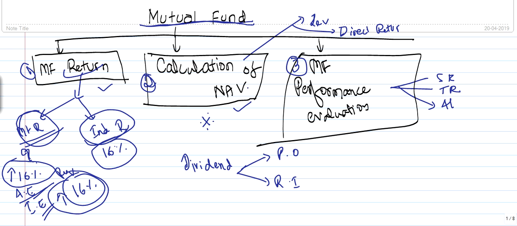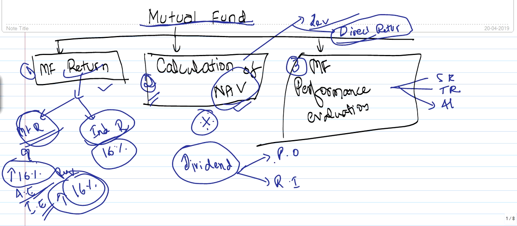In case of calculation of NAV, concept number 2 in mutual fund, this is very important from the examination point of view. We have a reverse calculation of NAV or a direct return calculation.